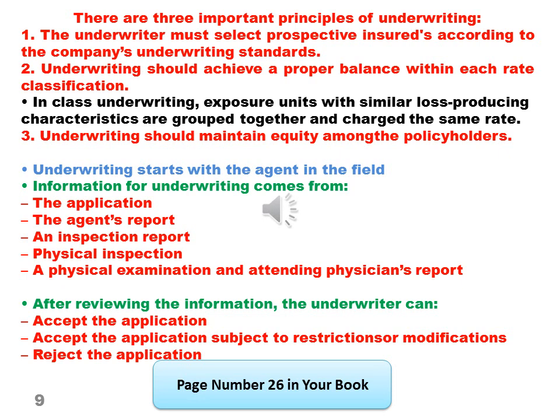Underwriting should achieve a proper balance within each rate classification. What is the meaning of proper balance? Proper balance means that your premium, meaning the price of insurance, must be adequate, must be equal to the claims which will be paid by the insurer or the insurance company.